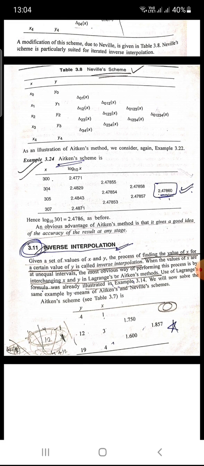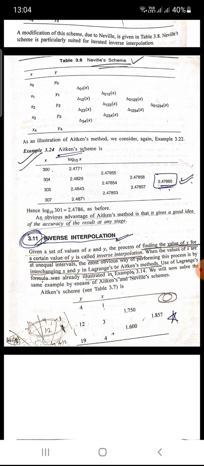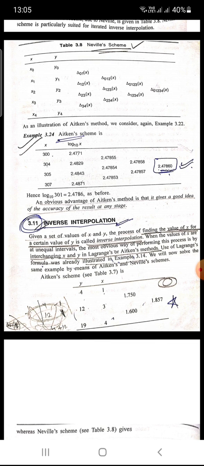By considering the first 2 points, we get 2.47855, 2.47854 and 2.47853. Next, by considering the first 3 points, we get 2.47858, 2.47857 and finally 2.47860. So it is an obvious advantage of Aitken's method that it gives a good idea of the accuracy of the result at any stage.